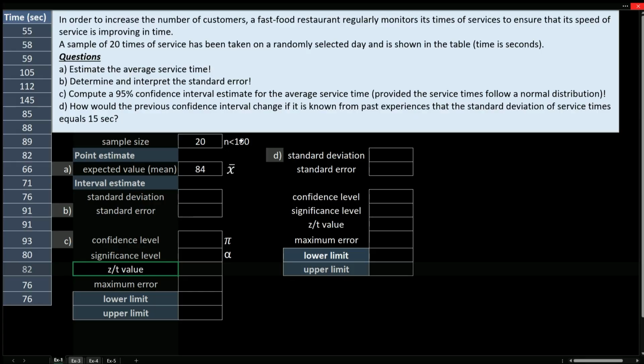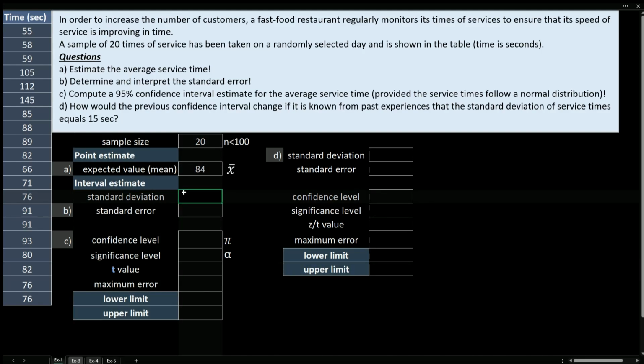Since sample size is small and sigma is not known until part A, then we will need the t-value to determine the maximum error. So t-value is selected here. Standard deviation is not given in part A. We need to find it based on the sample.